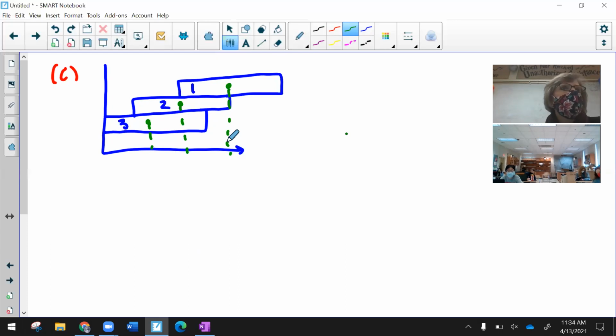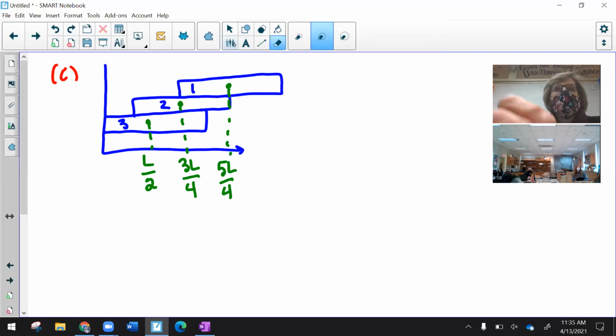Center of mass of brick 2 is L over 2. Center of mass of brick 3 is 3L over 4. Center of mass of brick 1 is 5L over 4.